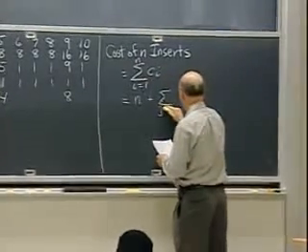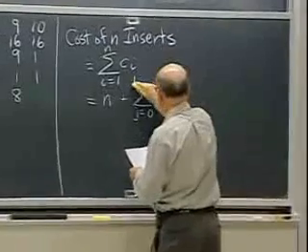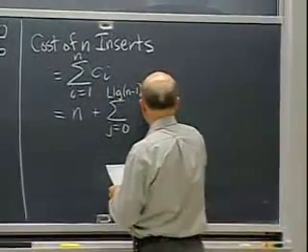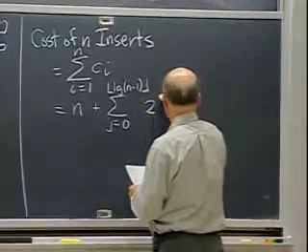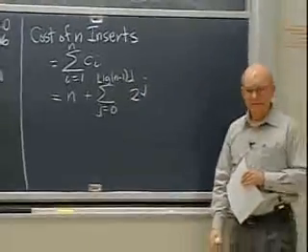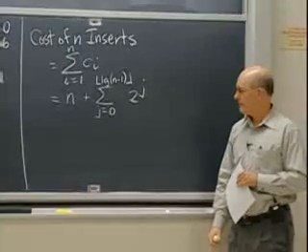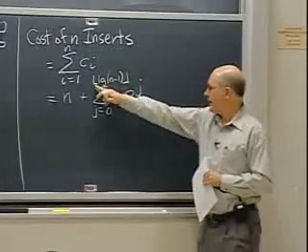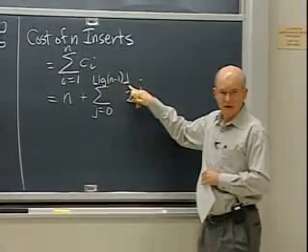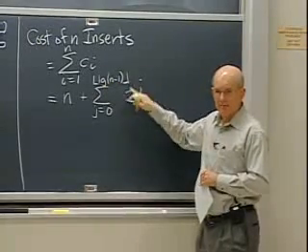So if I do my algebra properly, that's the sum up to the floor of log of n minus 1 of 2 to the j. I'm just adding up all the powers of 2 that aren't going to exceed my n.